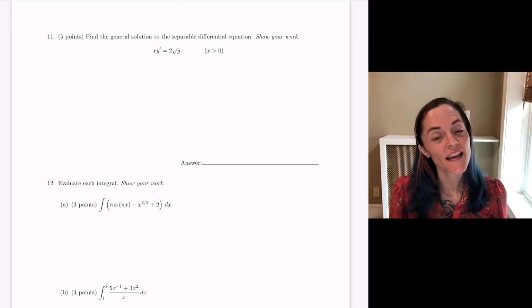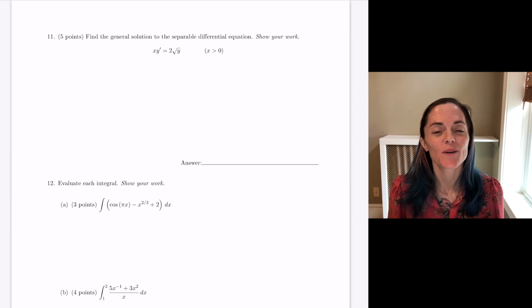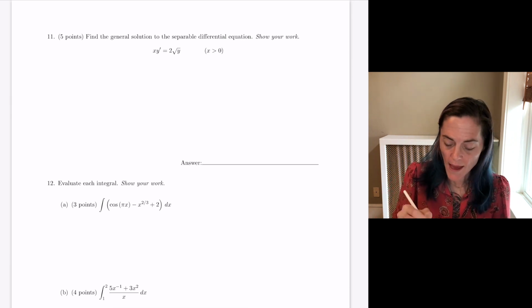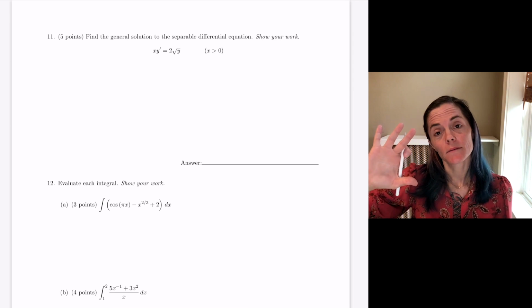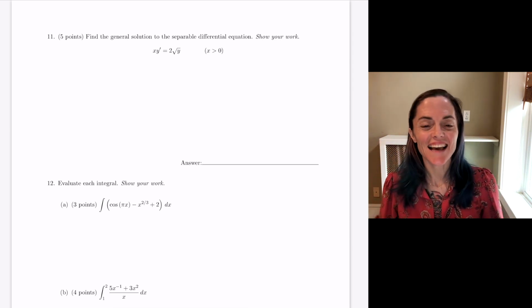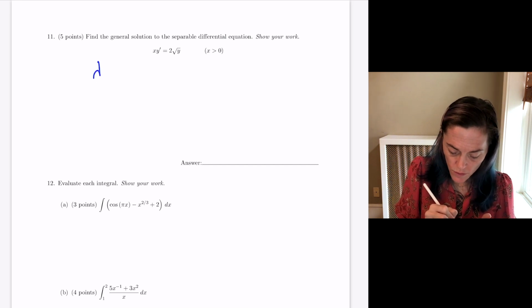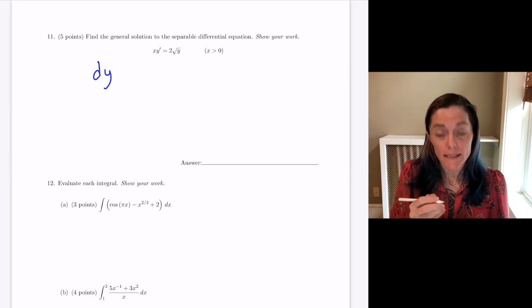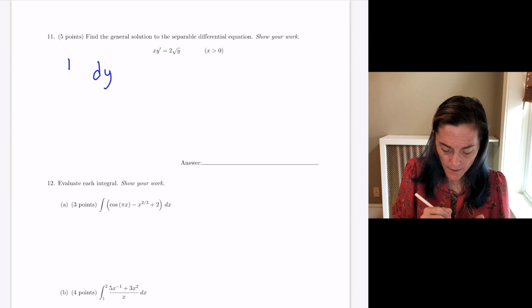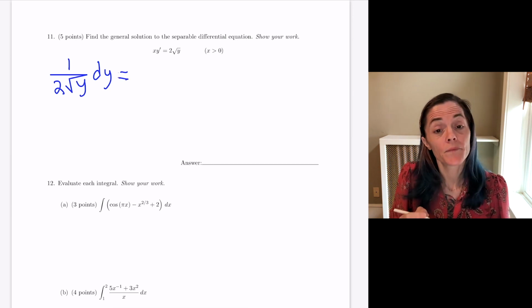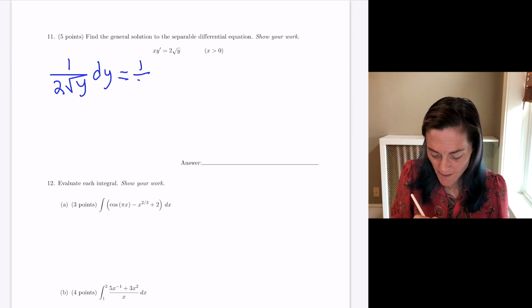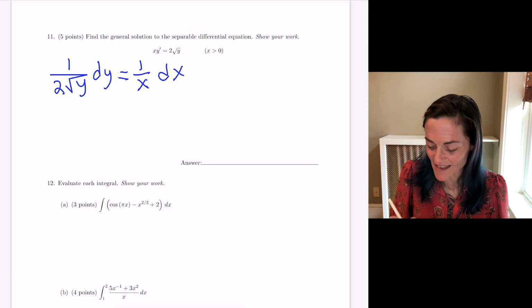Next one, we have a general solution to a separable differential equation. Okay, recall that if you see y prime, that's dy dx. So we want to, let's see, divide by 2 square root of y, and then divide by x, multiply by dx.